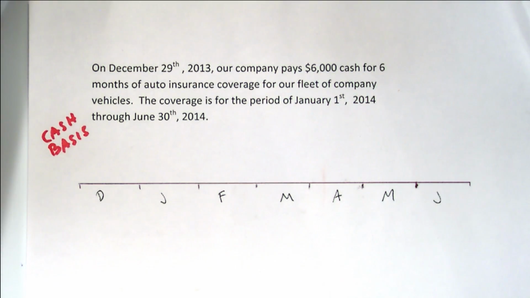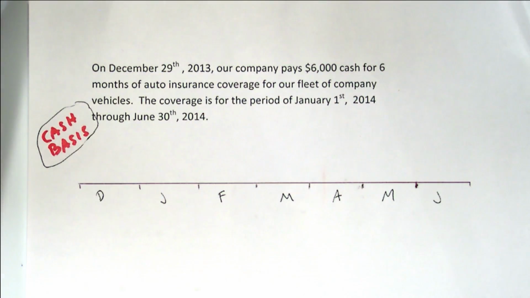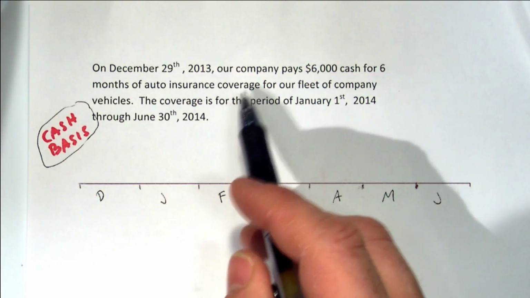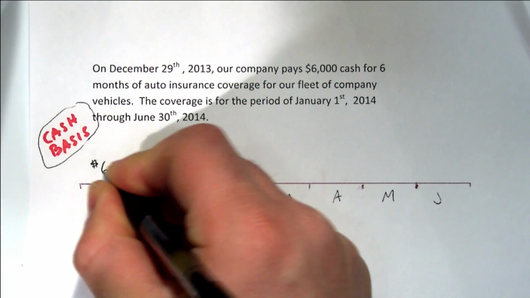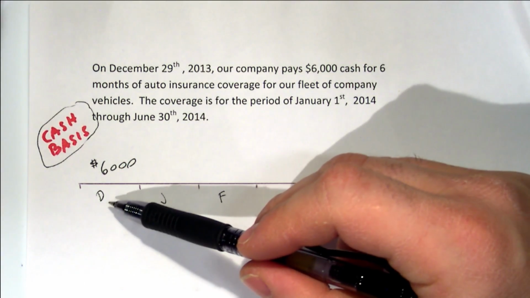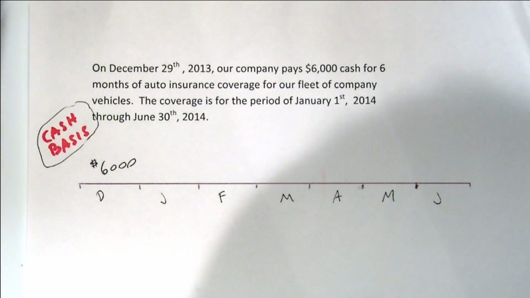Now, if we used the cash basis of accounting, the cash basis of accounting says you recognize revenues whenever you get the cash, and you recognize expenses whenever the cash is paid out. Correct? So if you use the cash basis of accounting with this example, I want you to see where you would recognize $6,000 of expense in December, because that is when the money went out. Do you understand that?